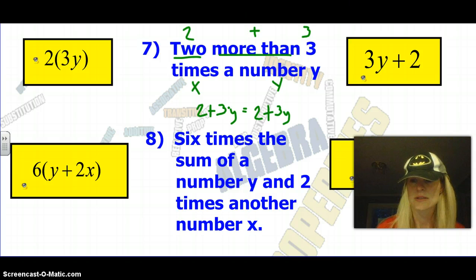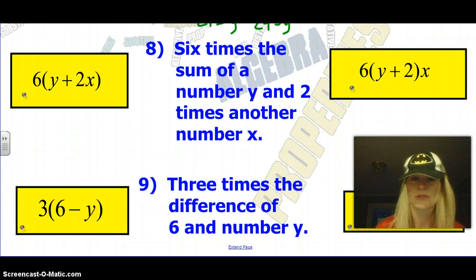All right, so I'm trying to get better and move this up so my head doesn't get in the way. This one says 6 times the sum. Now that word sum is kind of giving us a key, because the sum means the answer of a problem. So it says 6 times the sum of a number and y.